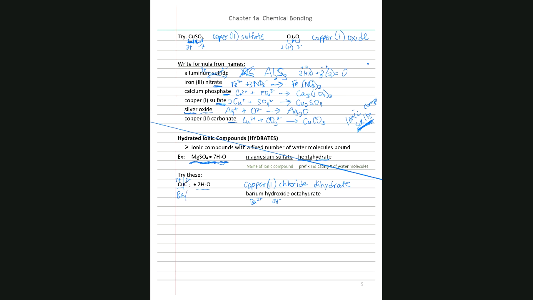So the formula would be Ba(OH)2, and then we draw this little circle, and we indicate the number of water molecules. Octa is what? 8. Yeah, 8H2O.